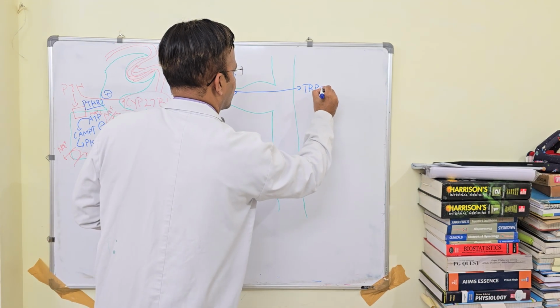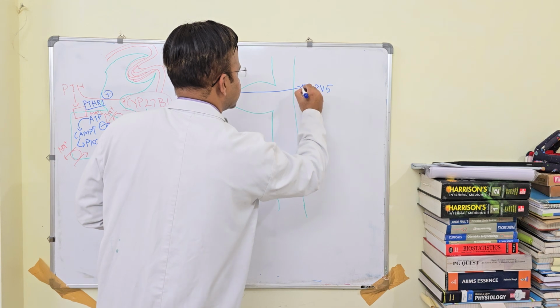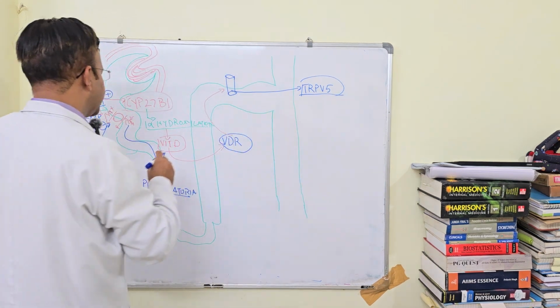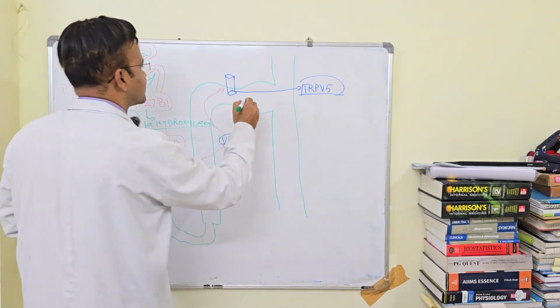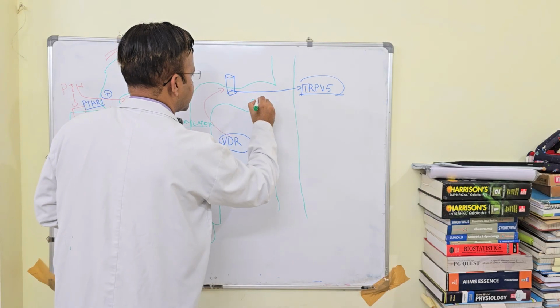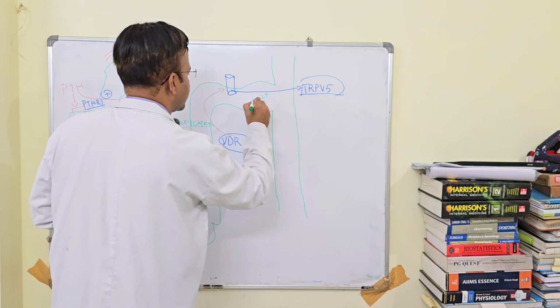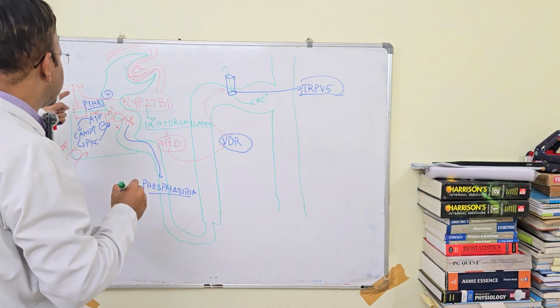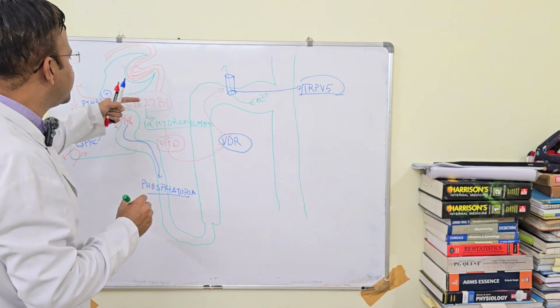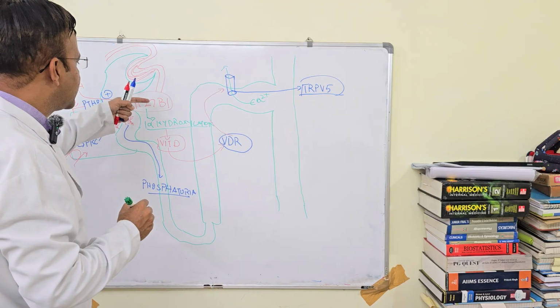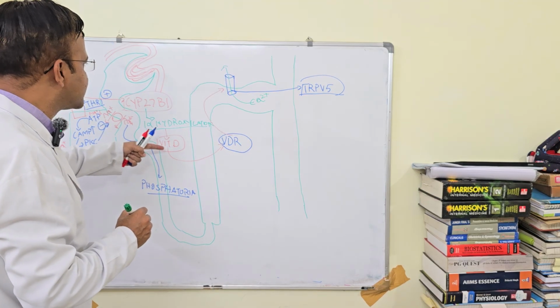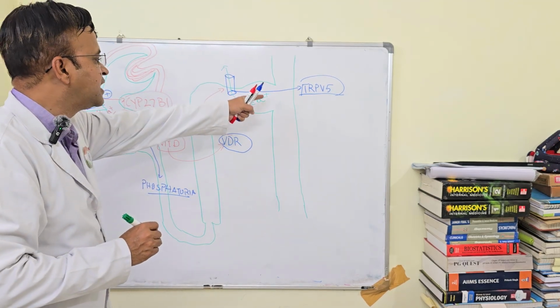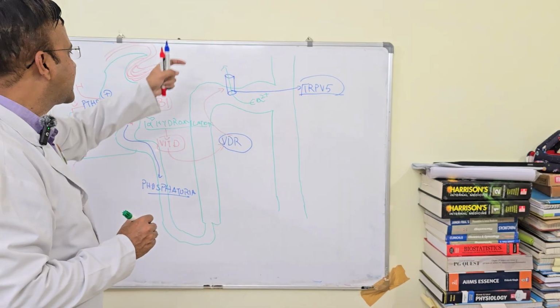And what does this TRPV5 channel do? This TRPV5 channel increases the calcium reabsorption. Absorption of calcium is going to increase. So PTH, by stimulating your CYP27B1, will complete the last step of vitamin D synthesis, and this vitamin D will increase the absorption of calcium.